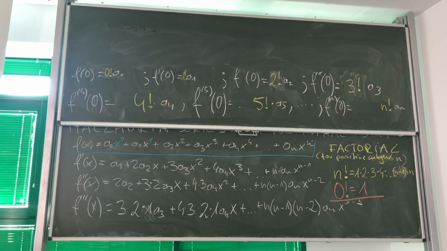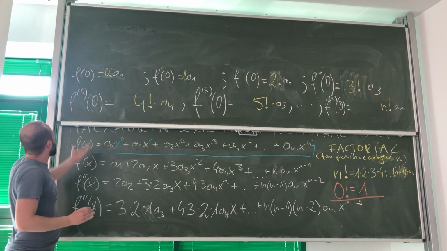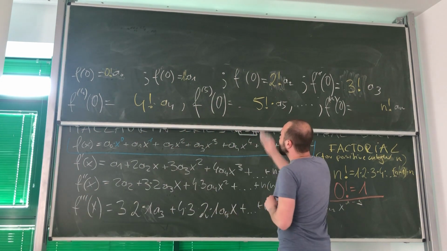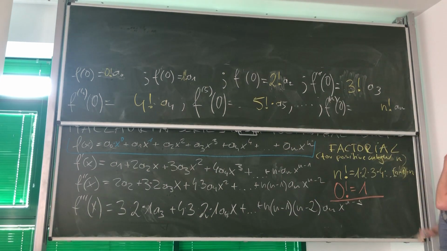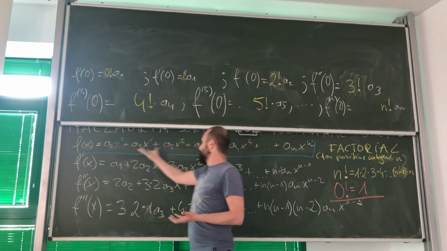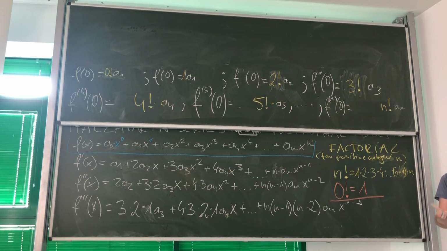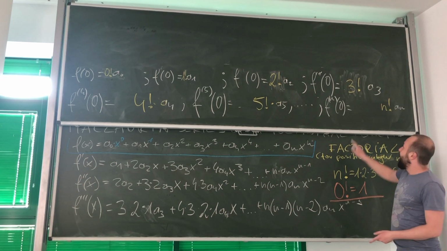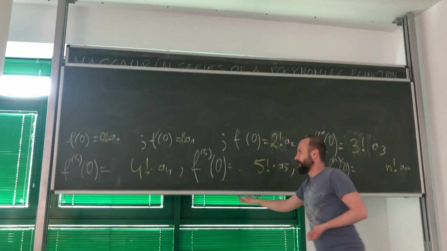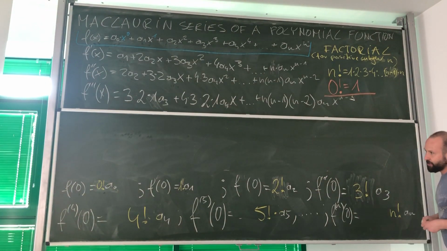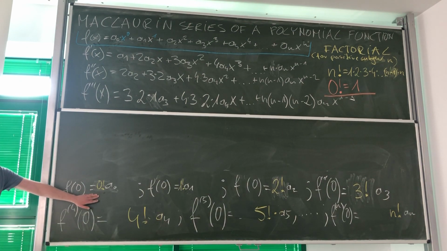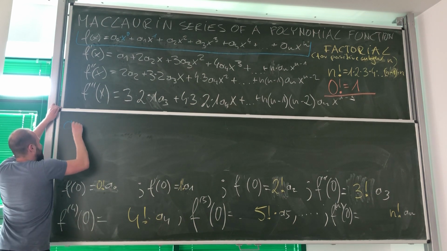So what we do not know? Well, we do not know what are the values of these derivatives. But if we are able to evaluate this at different derivatives, we will be able to find them, right? And look, out of these expressions, we can calculate directly any coefficient. What do I mean by that? Look, if I'm going to solve this for a0, what am I going to get?